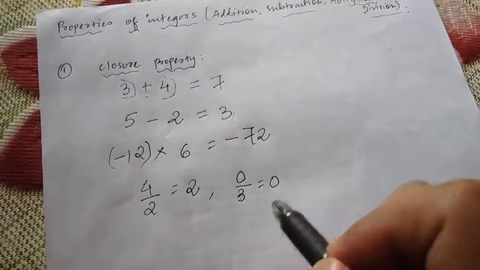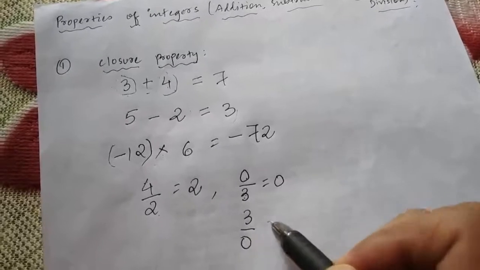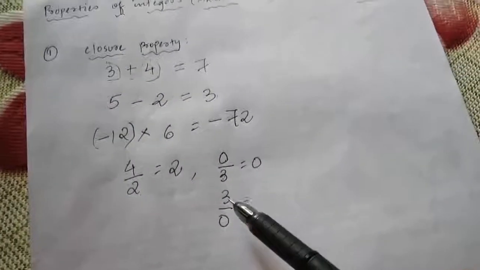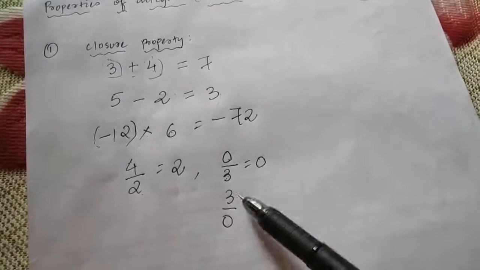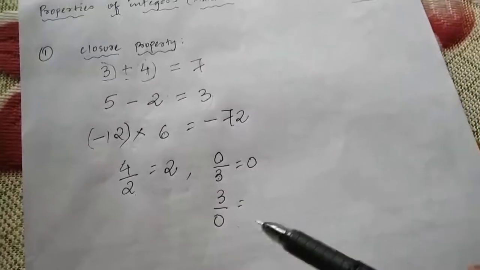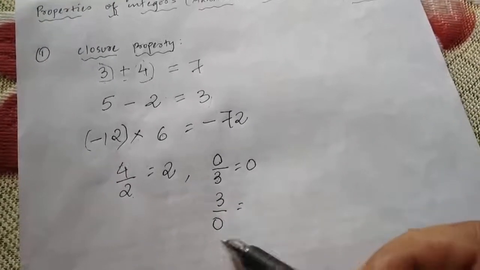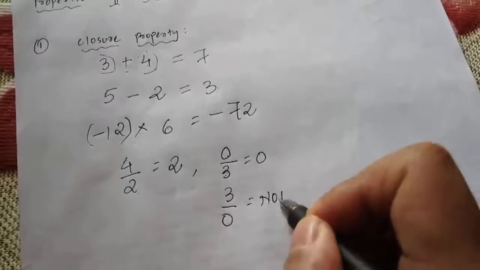But if we do the reverse of it, that is 3 divided by 0, any integer being divided by 0, this is not possible. Okay, so for this kind of division we write not defined.